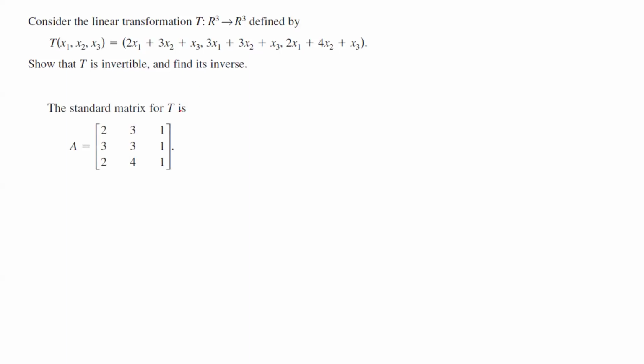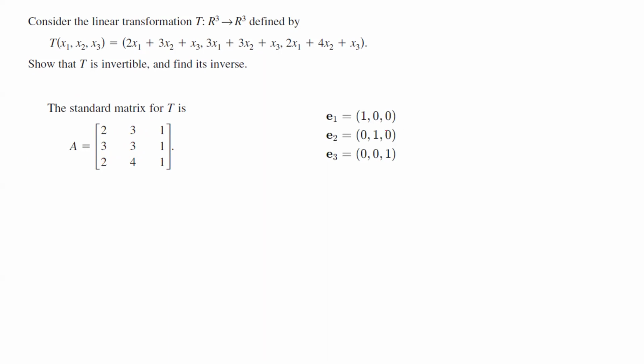The standard matrix for T has columns 2, 3, 2, then 3, 3, 4, then 1, 1, 1, or if you want to read the rows, 2, 3, 1, then 3, 3, 1, then 2, 4, and 1.